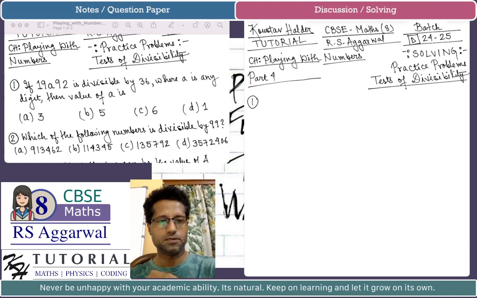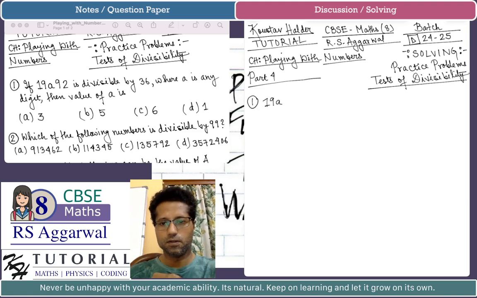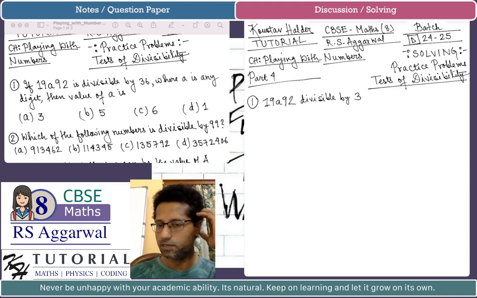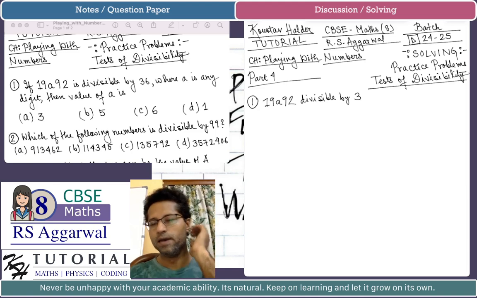Problem number 1 says, if 19A92 is divisible by 36, where A is any digit, then the value of A is. So it is given that the 5-digit number 19A92, where A is an unknown digit, is divisible by 3. Now we know that any number is divisible by 3 if the sum of the digits of the number is divisible by 3.